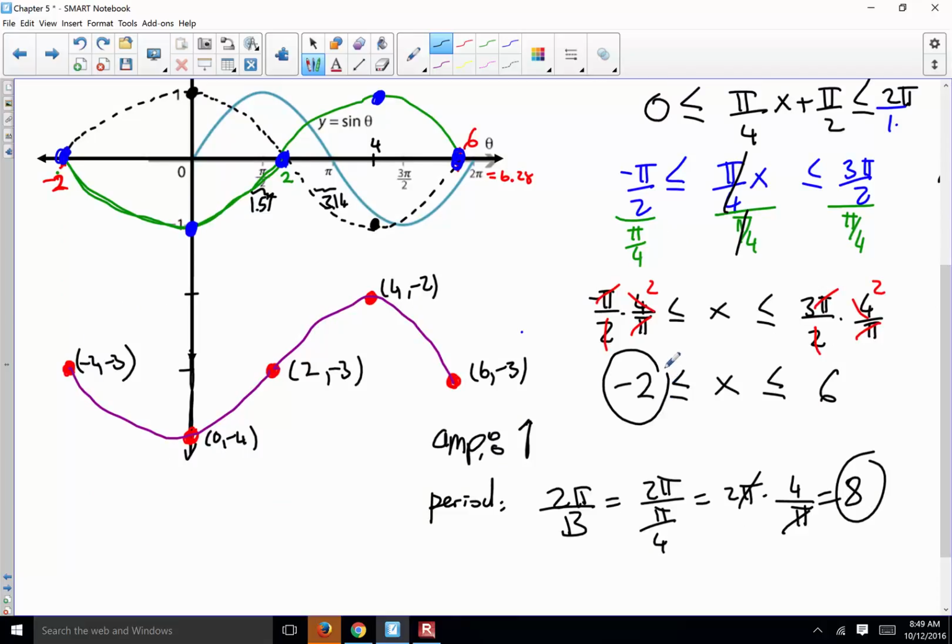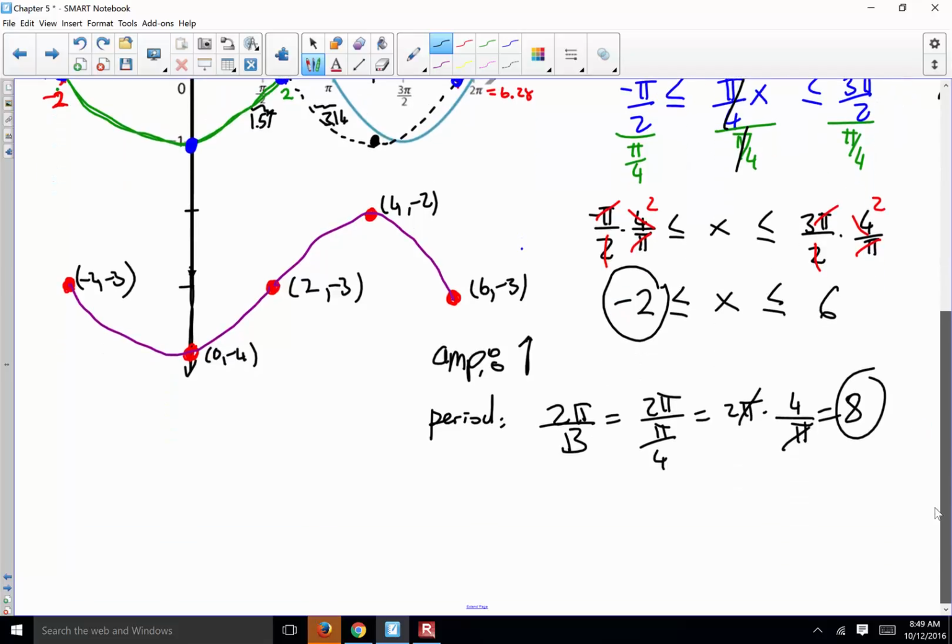Phase shift, c over b. So can I just call it -2? Isn't it always that number here too?